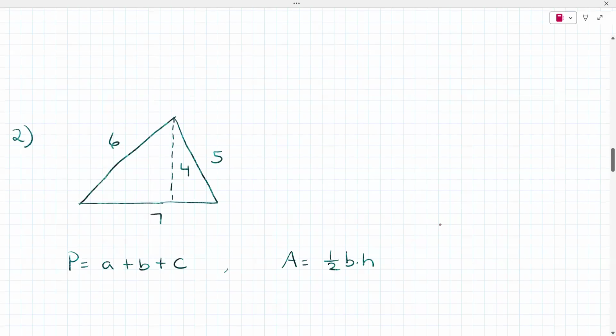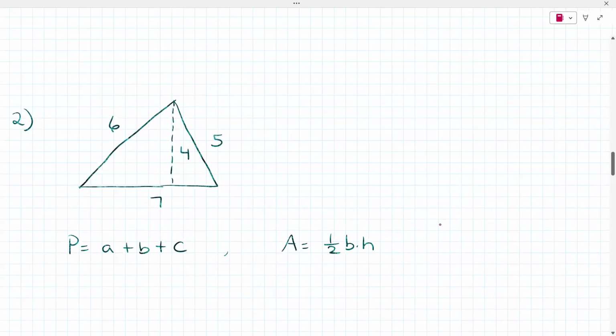Okay, what about this triangle? They tell us everything we need. We have these side lengths, 6, 5, and 7, and then we have this height of 4. So let's find the perimeter. You just add up all the sides. So 6 plus 5 plus 7 is 18 units.